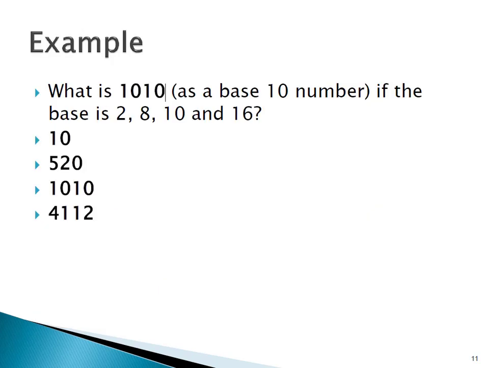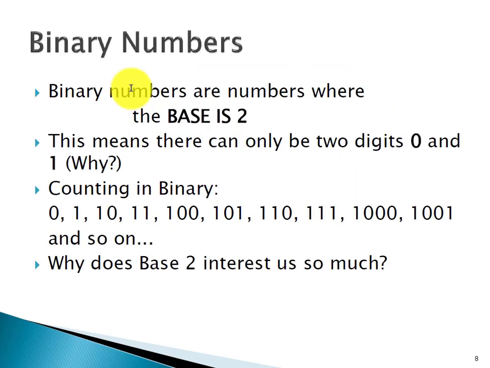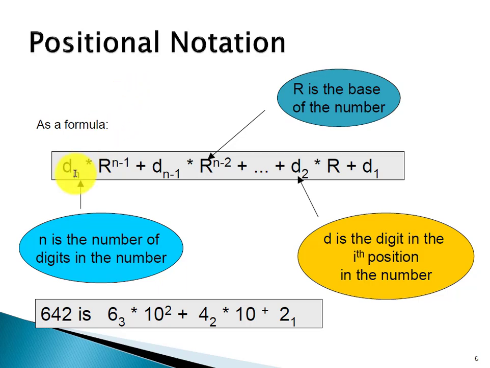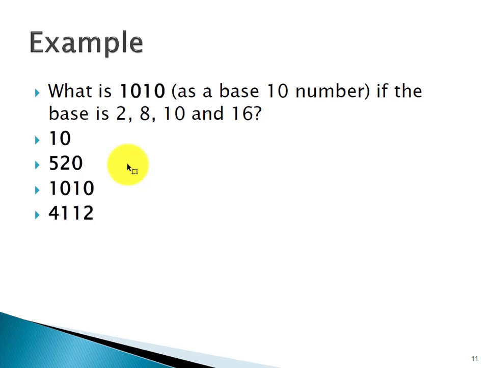So applying the positional notation formula, you have the number 1010 represented as a base 2 number. You'll get 1 multiplied by 2, because that's the base we're in, to the power of, because this is position 4, remember, all we do is take the position and subtract 1, so we get r to the power of 3.